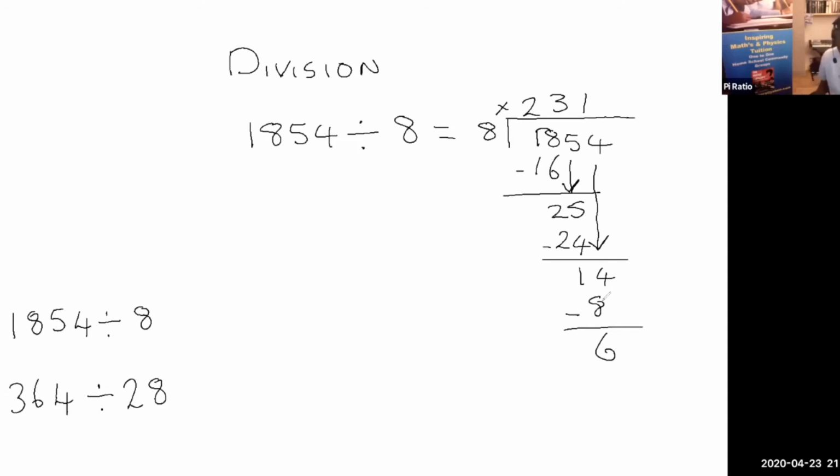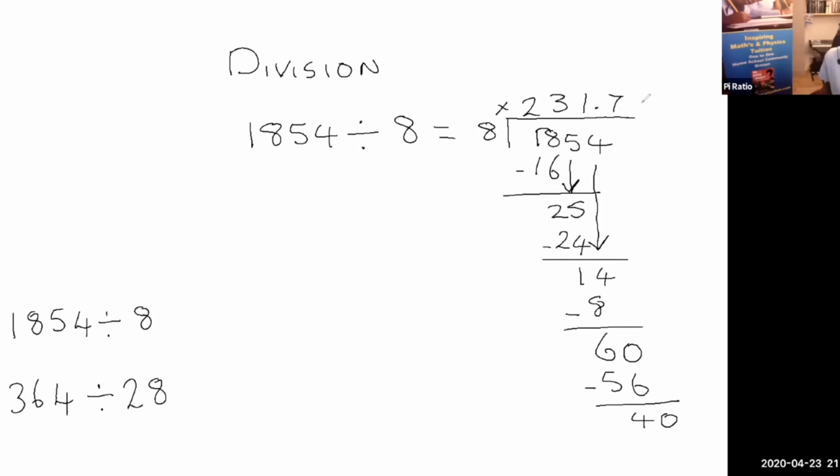8 cannot go into 6, so you put a decimal point there, and then you add a 0. 8 into 60 goes 7. 7 times 8 will give you 56. And then you put a minus there, and that leaves you with 4. And then you just add a 0, because 8 won't go into 4.